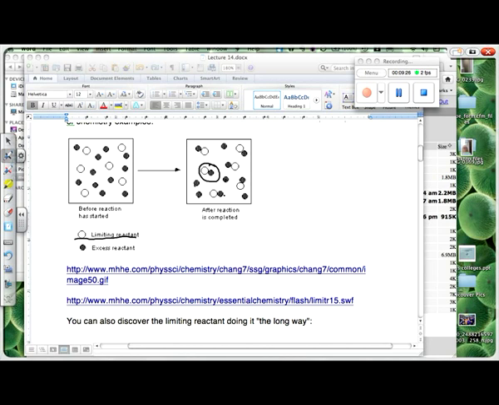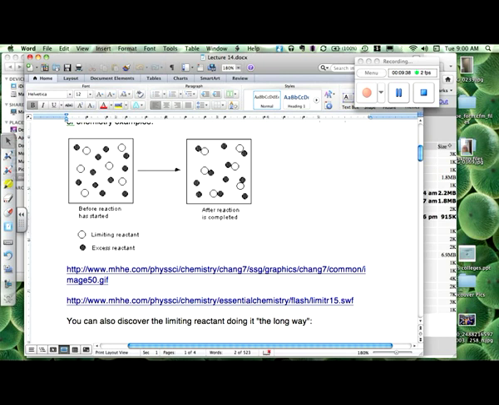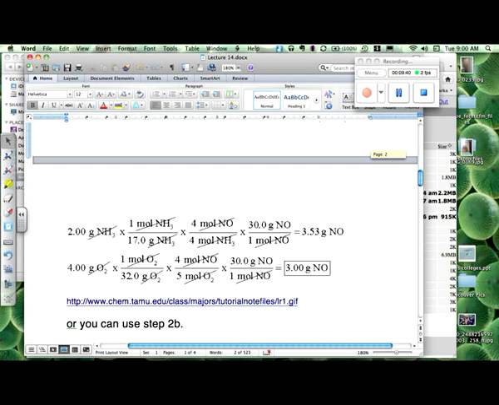Now, if you look, I'm going to click on these two links here in a moment. If you look in your book, and I know there's a lot of students who do rely on that textbook, they're going to show you the long way.